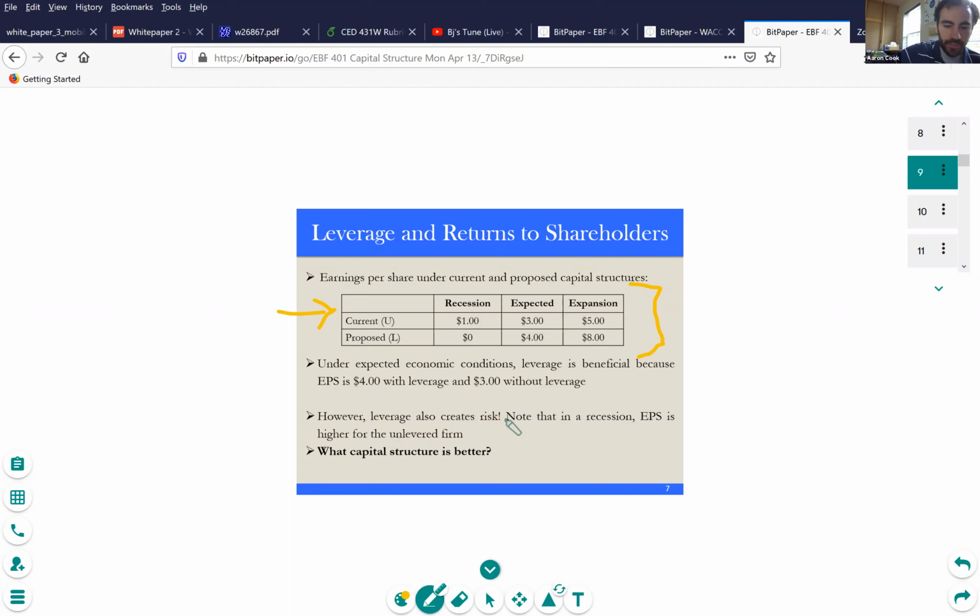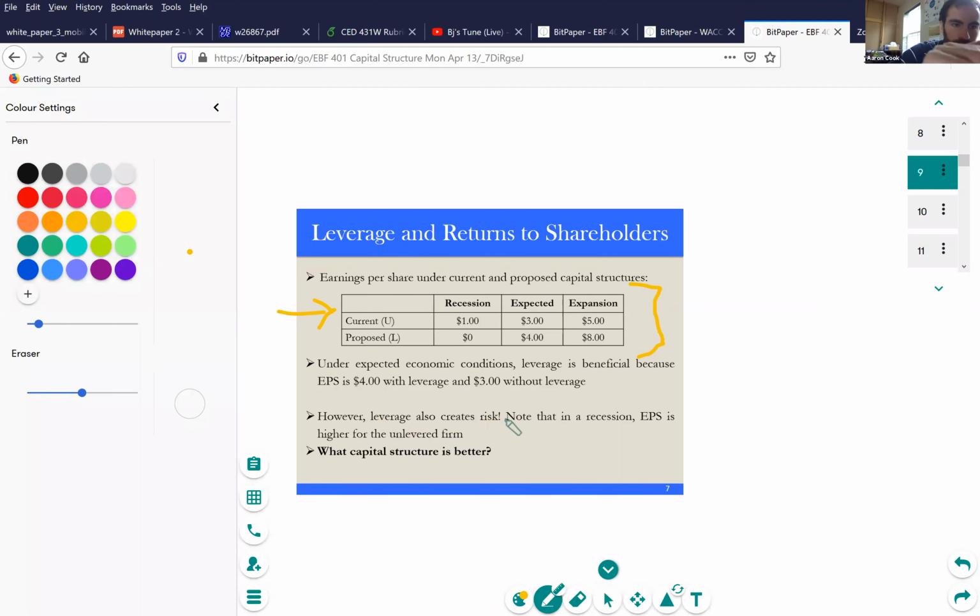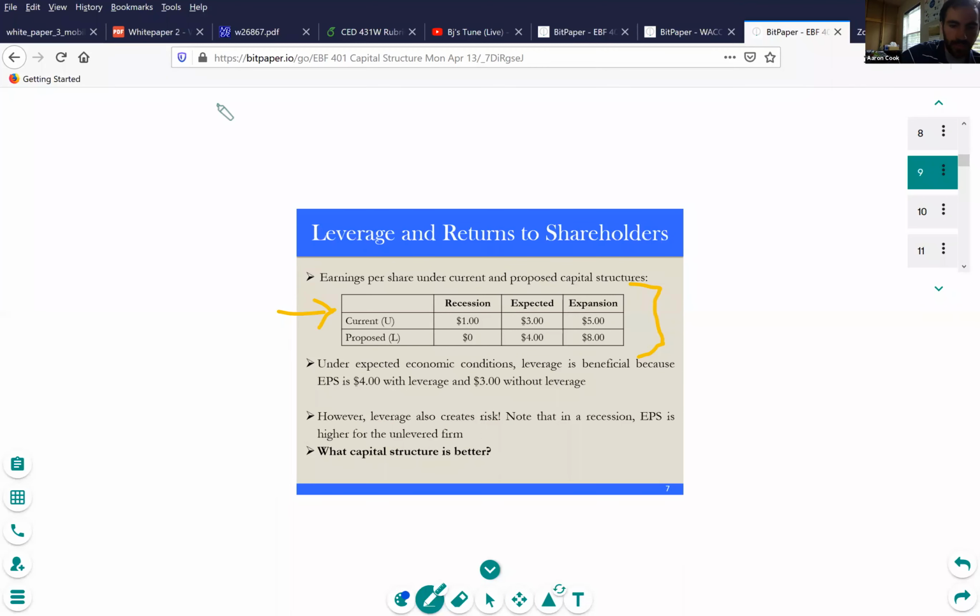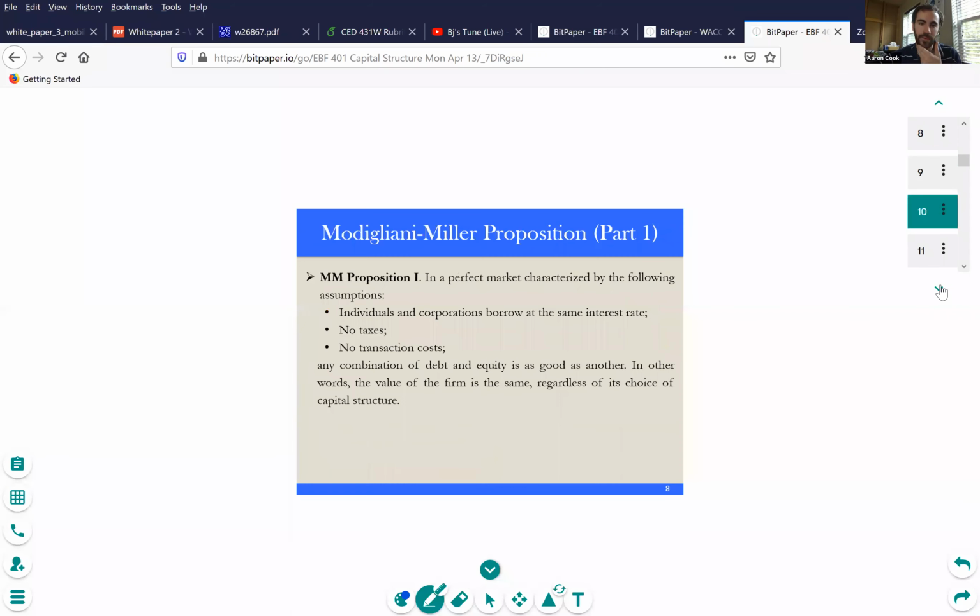So we left off with this question last time of which of these capital structures is better. We're going to get to that next. This concept was investigated and worked out in theory a long time ago, in the late 50s, by Franco Modigliani and Merton Miller.